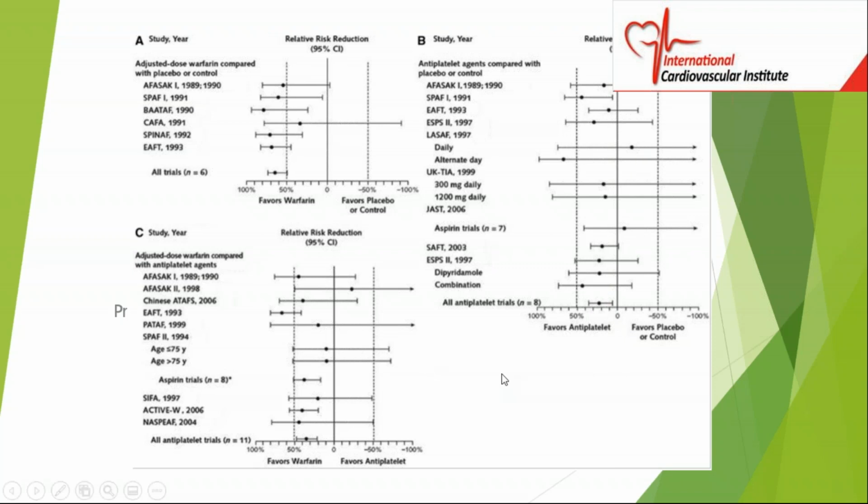So antiplatelet therapy, aspirin, they even used dipyridamole. The majority of the studies had aspirin in it. So it was better than, I would say, nothing. And then they looked at warfarin compared to the antiplatelet therapy. You can see that all these studies, except just one, were to the left of the zero line, showing benefit of warfarin over your antiplatelet therapy.